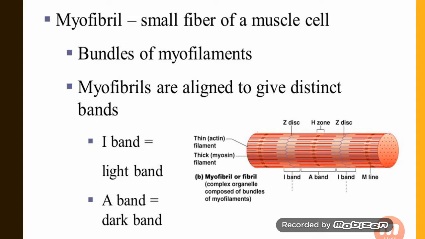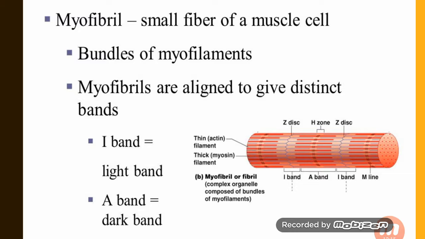Sarcolemma is the layer that surrounds the bundles of fibrils, enclosed by the muscle cell membrane, whose structural unit is a small contractile unit called the sarcomere. The myofibrils consist of smaller contractile units, which I have told you are called sarcomeres.